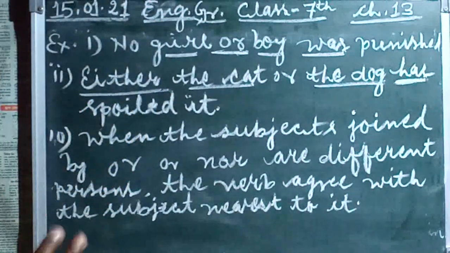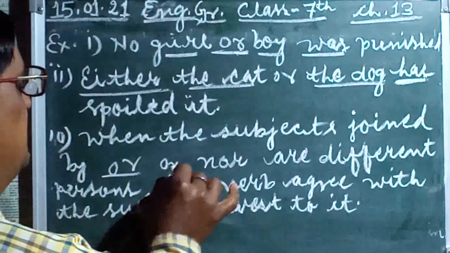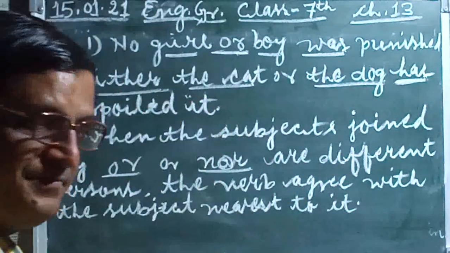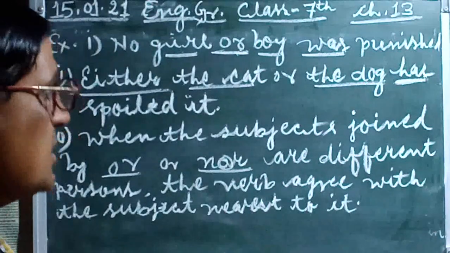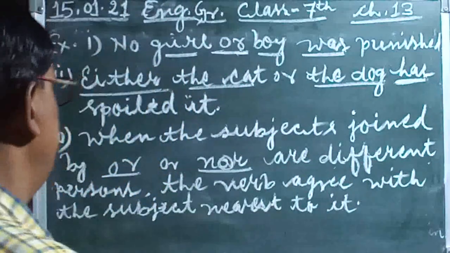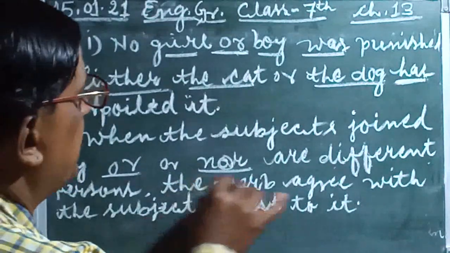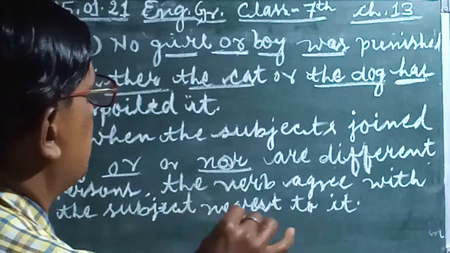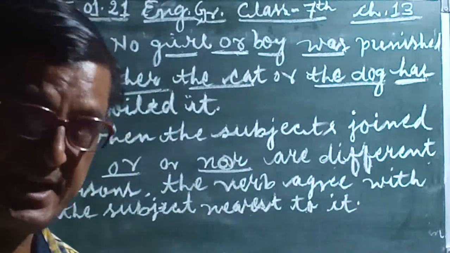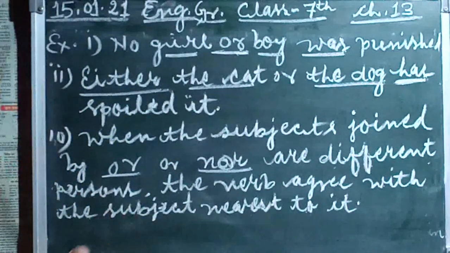You have to keep in mind, the main thing is that these two subjects are connected with the conjunctions 'nor' or 'or', and they are of different persons, and the verb agrees with the subject nearest to it. Here we have to see the verb agrees with the subject nearest to it, not the first word.